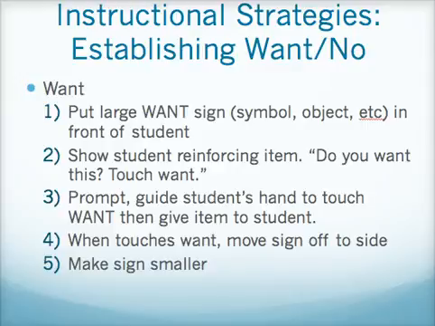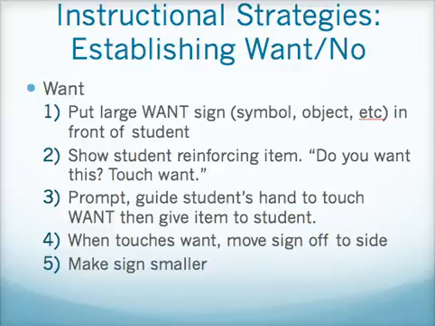Again, using the word want, we can artificially arrange things in our environment, so capitalize on the student's needs to create more instructional trials throughout the day. So an example might be, maybe you put the student's cup out of reach, okay? So they're thirsty, the cup is out of reach.